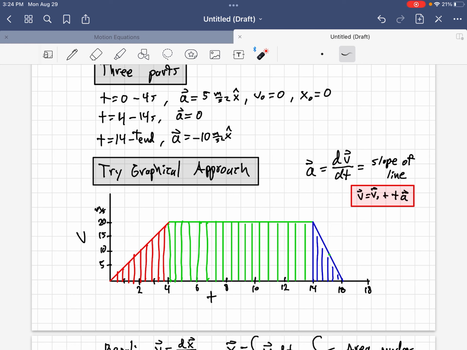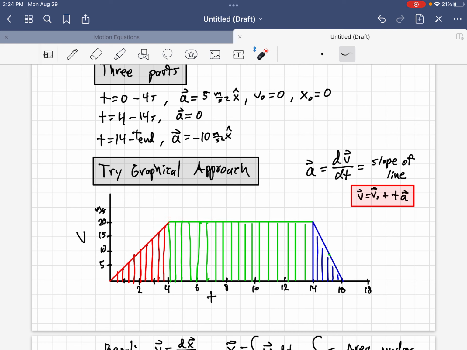And then we have an acceleration of 0, which means the slope of our line is going to be 0. So we're flat. Obviously, the acceleration is 0, so the velocity is not changing. We're going to stay at 20 meters per second for 10 seconds.